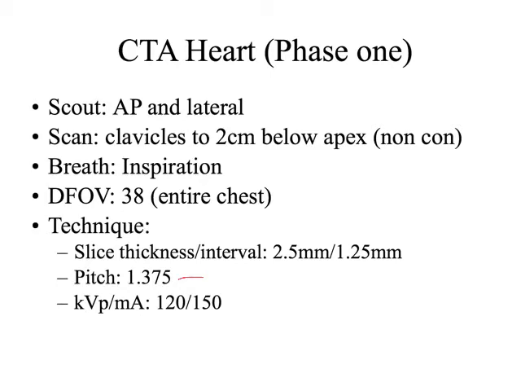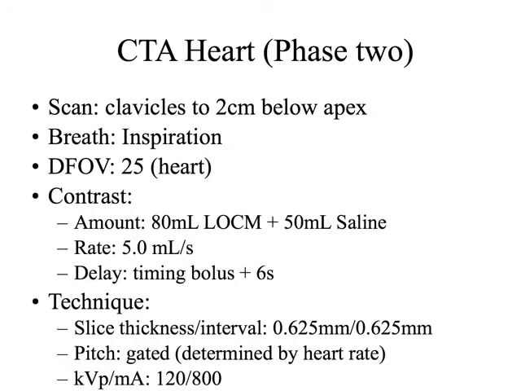So once we've completed the non-contrast phase, we're going to go to a contrasted study of the heart. So phase 2 of this, we're going to scan again from the clavicles to 2 centimeters below the apex of the heart on a complete inspiration, but we're going to make a smaller digital field of view. We just are interested in the heart. We are going to be using contrast, and we're going to be injecting it pretty quickly. So we're going to use about 8 milliliters of low osmolality contrast media, followed by a saline bolus, injected at a rate of about 5 milliliters per second.